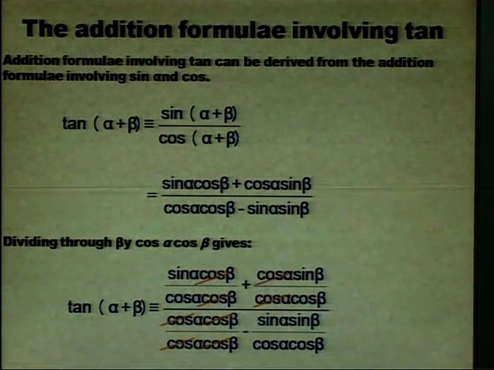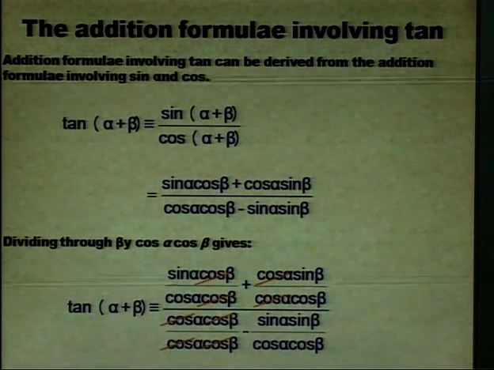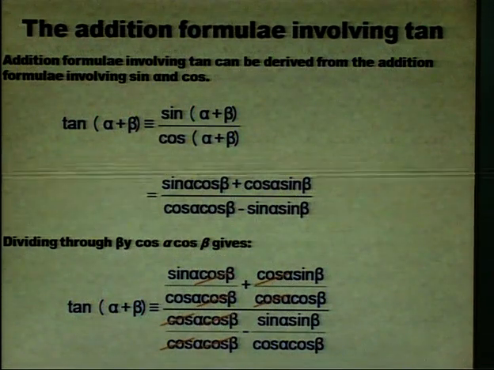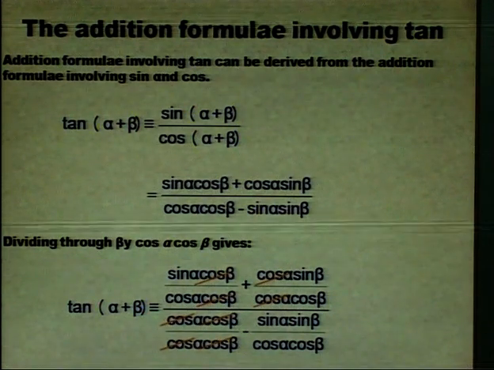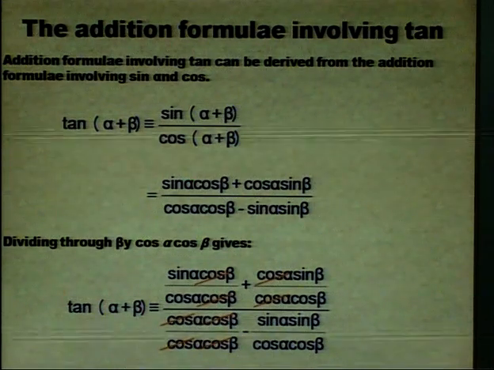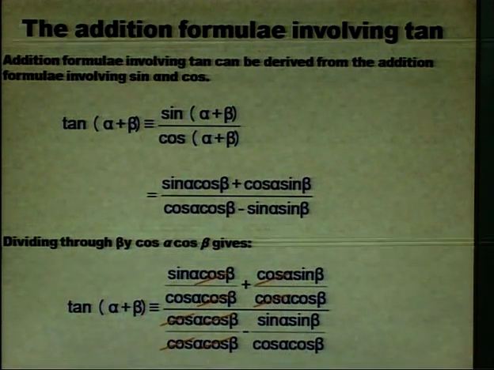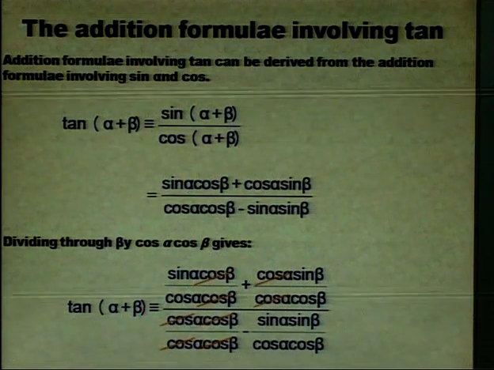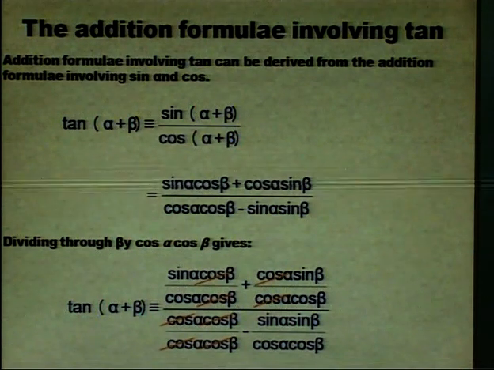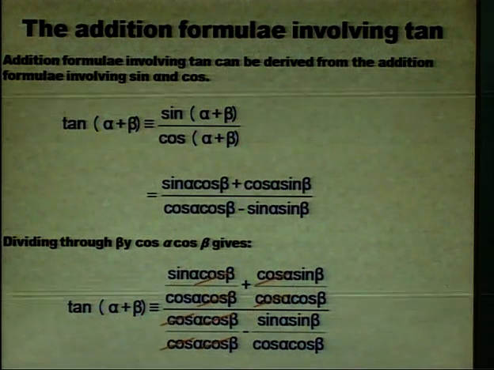Therefore, tangent of alpha plus beta is sin of alpha plus beta upon cos of alpha plus beta, because I want to use the expressions which are available for sin alpha plus beta as well as for cos alpha plus beta. So, this turns out to be sin alpha cos beta plus cos alpha sin beta upon cos alpha cos beta minus sin alpha sin beta.